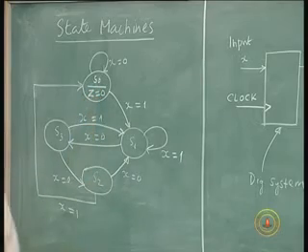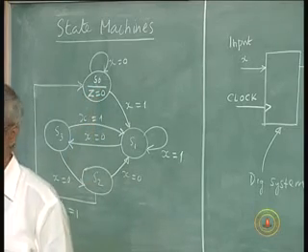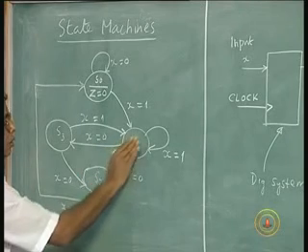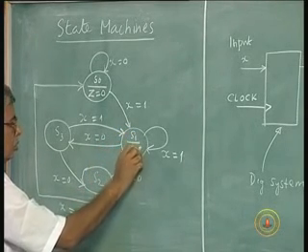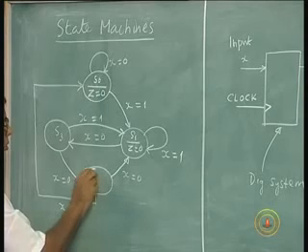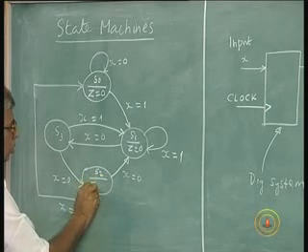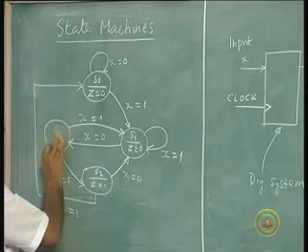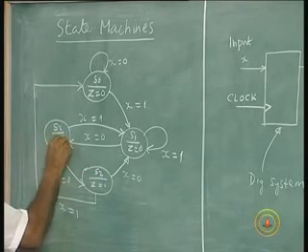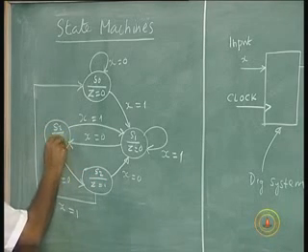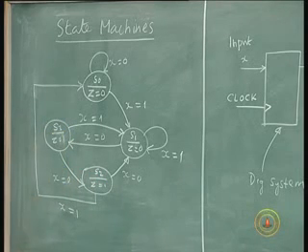As an example, in S1, Z can be 0 again. S2, so it can be 1. In S3, so it can be 1 again.